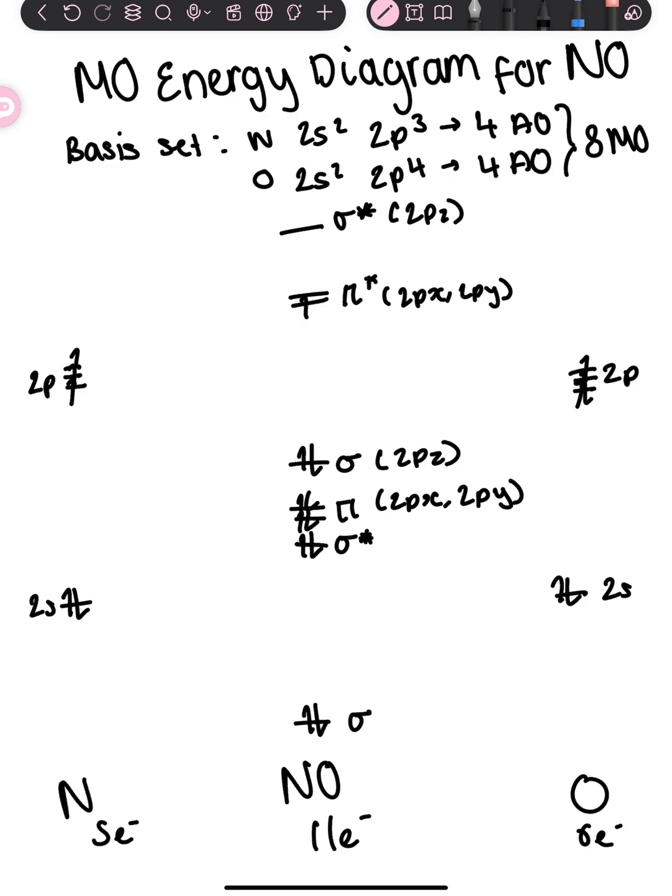Now I'm going to quickly just draw in the lines to show you which orbitals these electrons come from and how this all plays out.